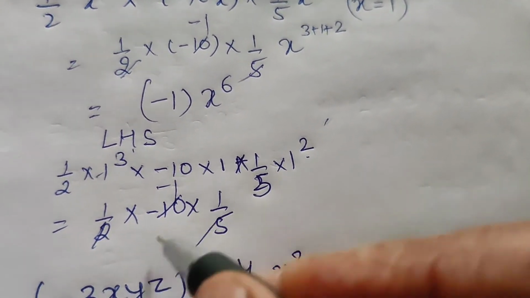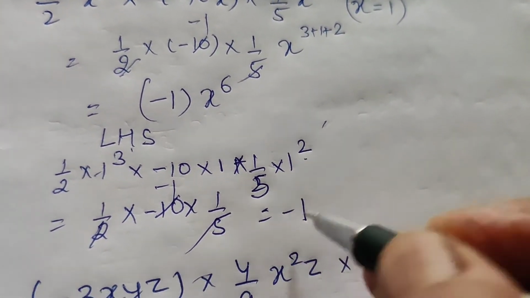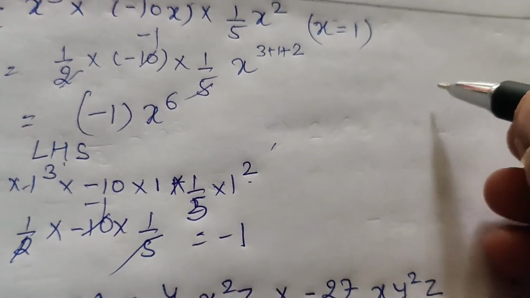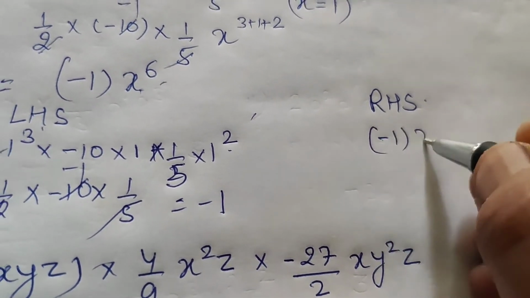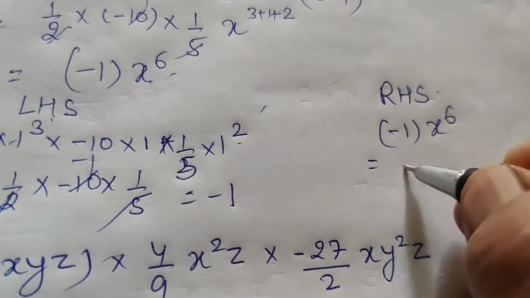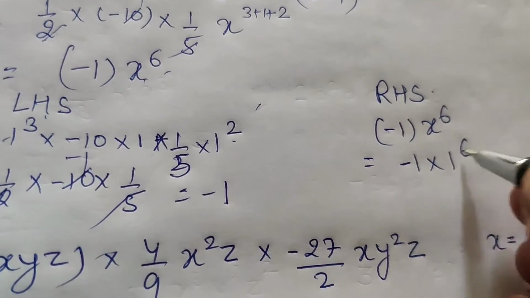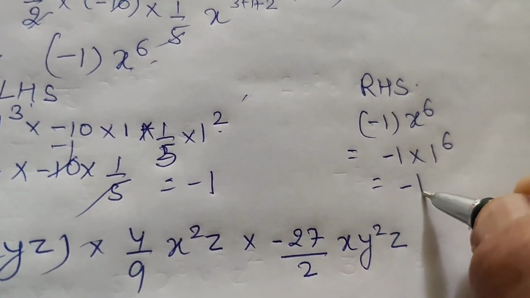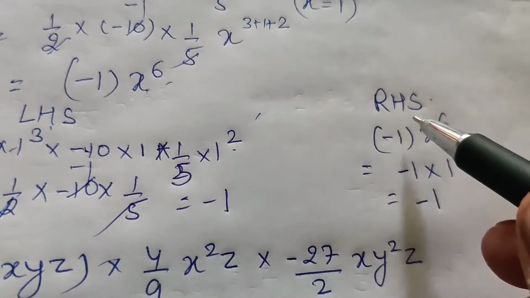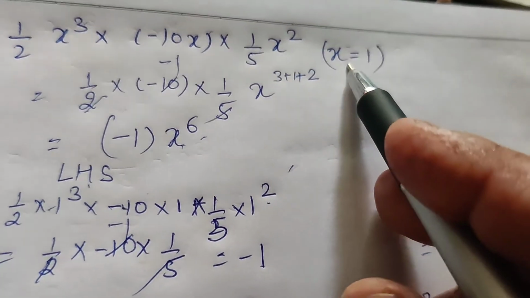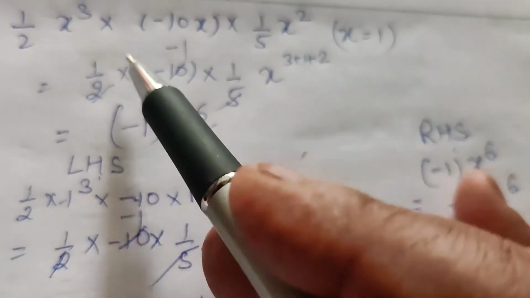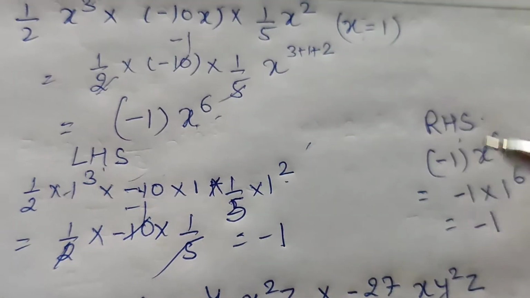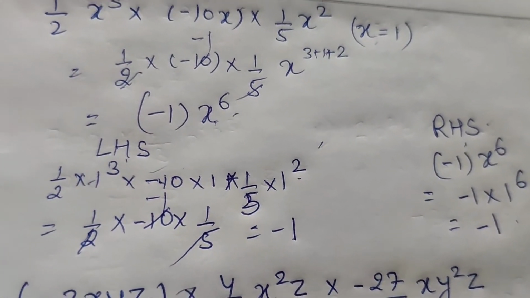The product equals minus 1. And RHS is minus 1 into x raised to power 6, which means minus 1 into 1 raised to power 6. This is also minus 1. It means LHS equals RHS. Verified. Verify for x equal to 1 means that the value of the product remains the same.